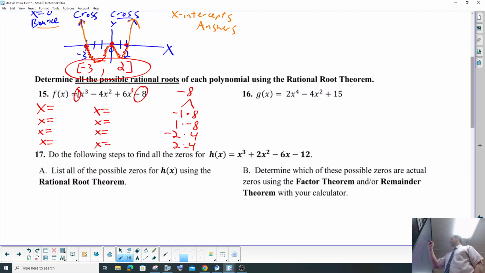So it could be negative 1, could be positive 1, could be negative 2 or positive 2, could be 8, negative 8, it could be 4, negative 4. Now the tricky part is that you have to divide all those by the leading coefficient, which is an invisible 1.